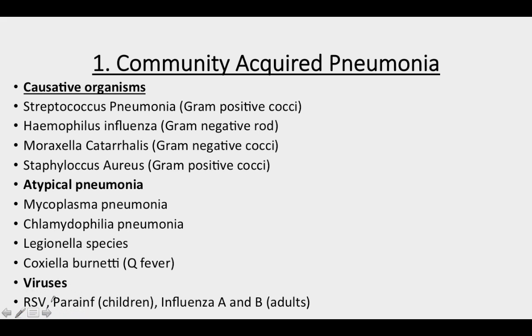And as you can see, these organisms can be your typical gram-staining organisms or your atypical non-gram staining organisms. And within the gram-staining organisms, you can see you have both gram-positive and gram-negative bacteria, and you have both rods and cocci as potential causes.